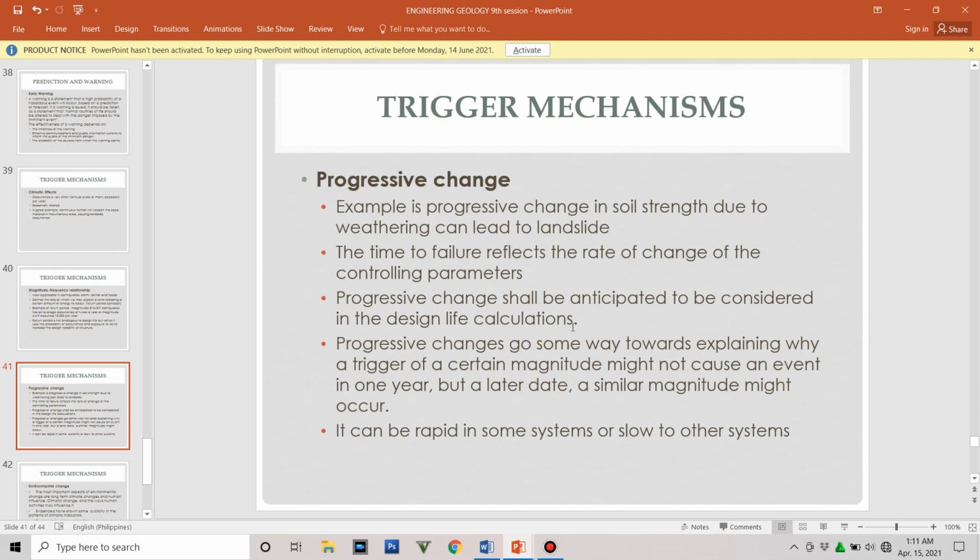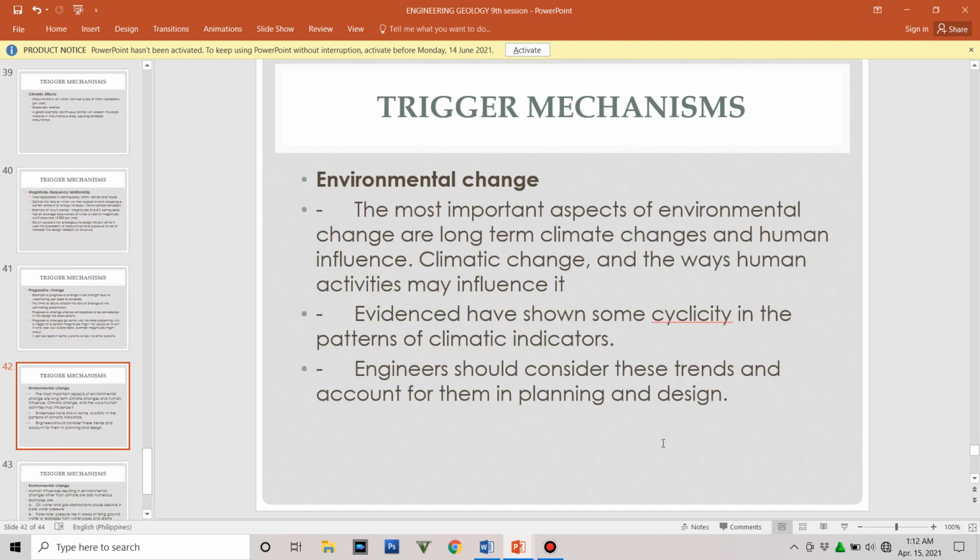Progressive change shall be anticipated to be considered in the design calculations. Progressive changes go some way towards explaining why a trigger of a certain magnitude might not cause an event in one year but at a later date a similar magnitude might occur. So it can be rapid in some systems or slow in other systems.